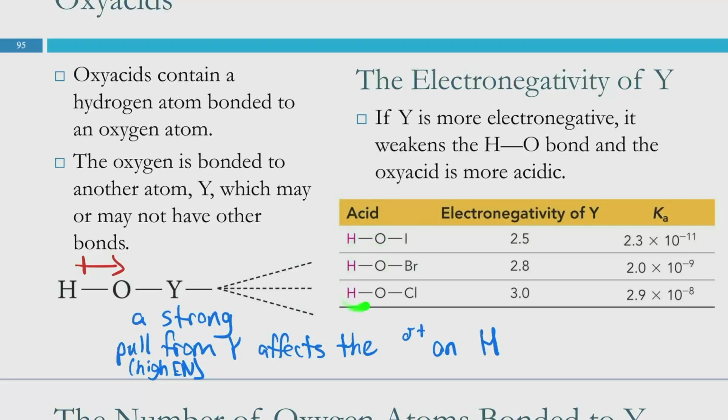So looking at a couple of cases of this, we've got our different acids with our HO bonds. If we've got iodine bonded, that's got a value of 2.5 for electronegativity. Doesn't pull especially strongly. We've got a low Ka value. If we bump up that electronegativity to 2.8, our Ka value jumps up. If we jump up then again to 3, our Ka value jumps up even more.